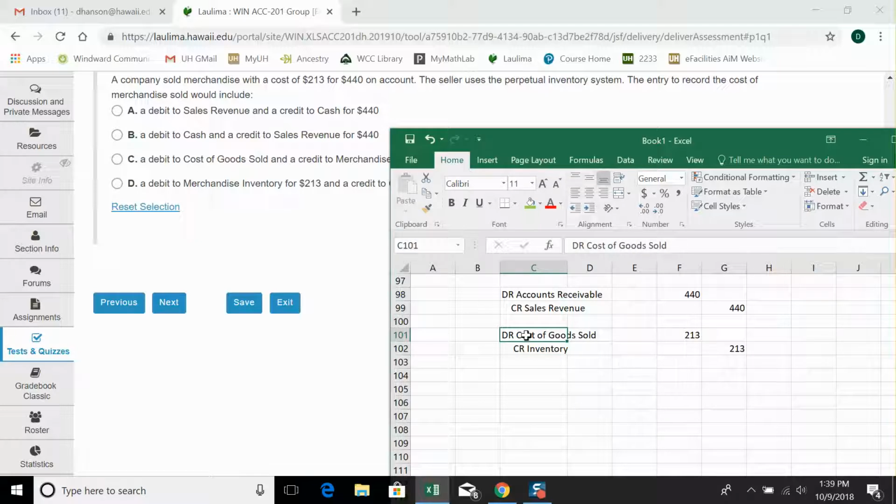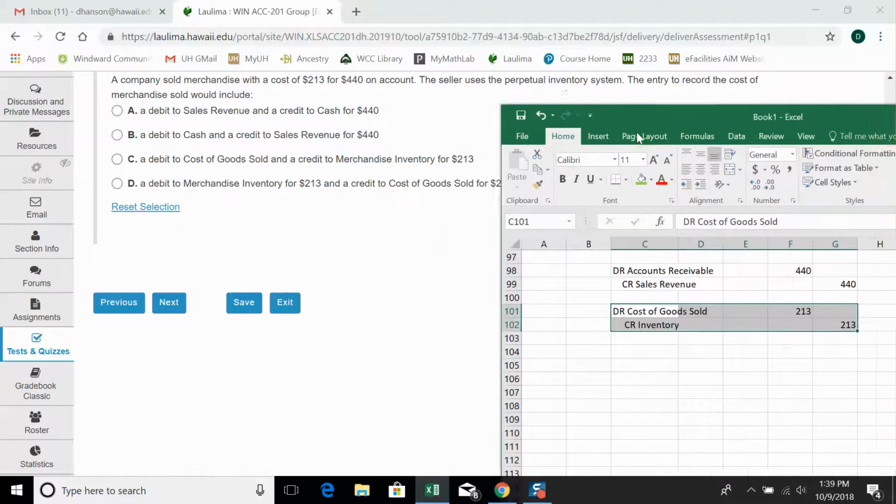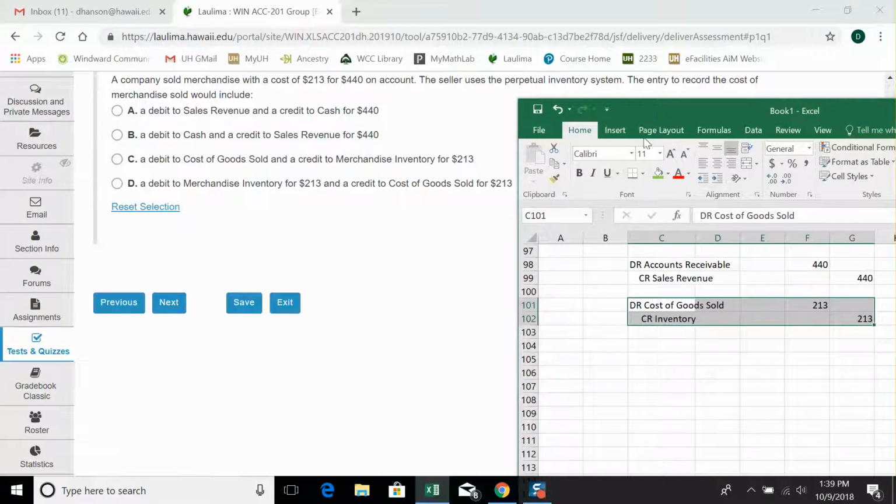So I'm going to look in there because that's what they're asking me for. I can automatically rule anything with 440 out, so these two are not an option. Now C and D could be an option. Let's see. A debit to cost of goods sold and a credit to merchandise inventory. That's what we did in this gray area down here in Excel.